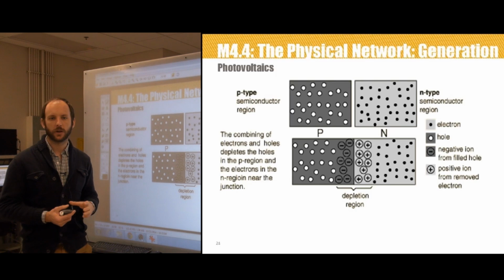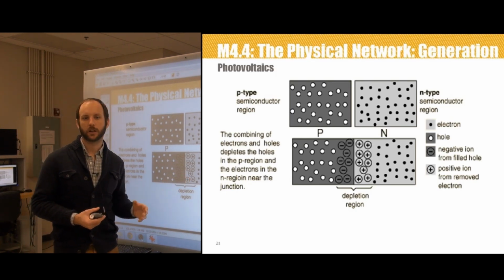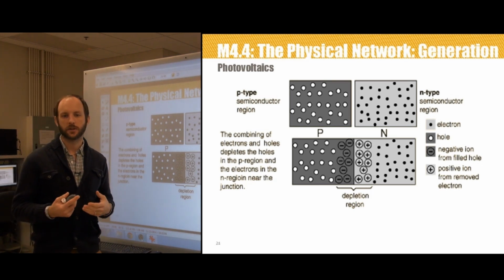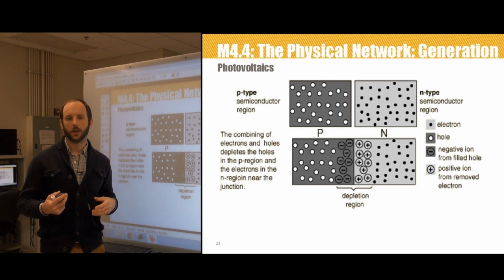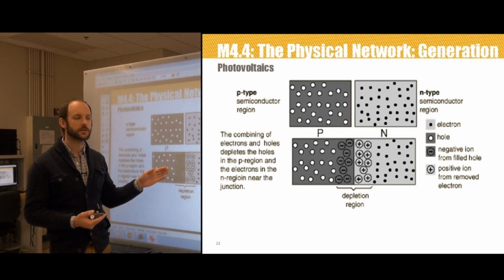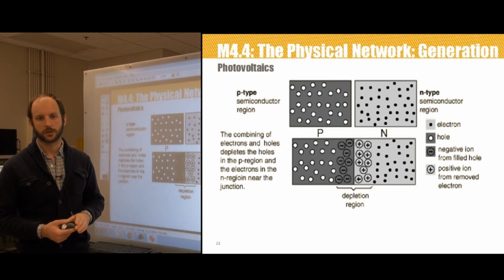When a P-type material and N-type material are placed in contact with one another, or more typically when they are fabricated one on top of another, such as in a solar cell or a diode, what is created is called a p-n junction. It's an interface of a P-type semiconductor material and an N-type semiconductor material.